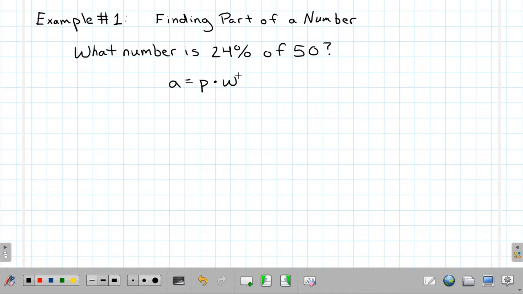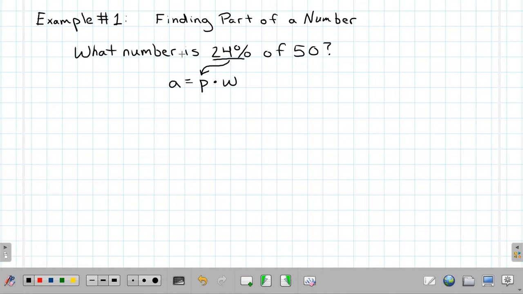So now we need to talk about what numbers from up here do we plug in our equation, okay? So in this case, I'm going to give you a little hint here, okay? What number is 24% of 50? Well, the percentage, whatever the percentage is, that's always going to be plugged in for P, okay? So P is always the percentage. Now, in this case, we have what number is, okay?